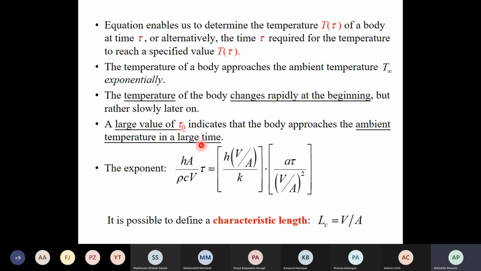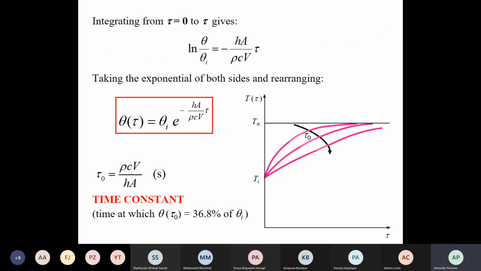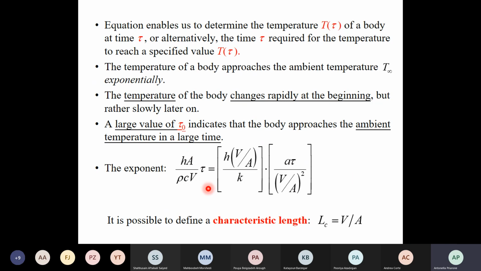It's interesting, this last part of this slide, the exponent. I go back here, and it is exactly this one. The exponent can be split in different parts. I can rearrange this exponent introducing two numbers, two groups. Can you recognize the two groups?